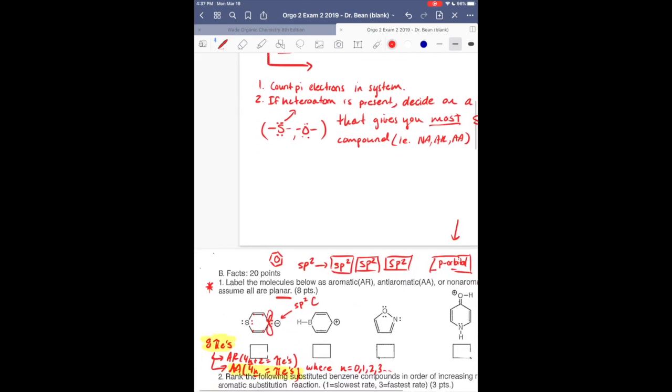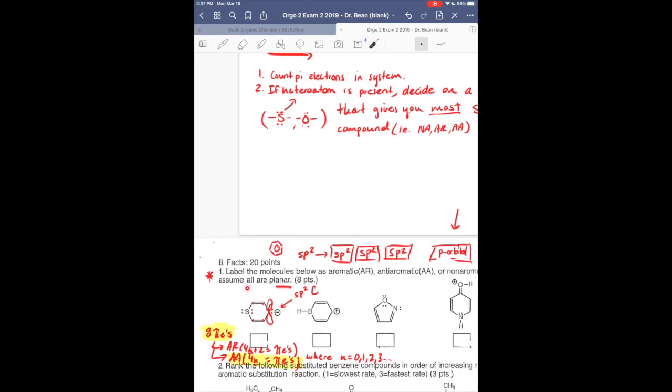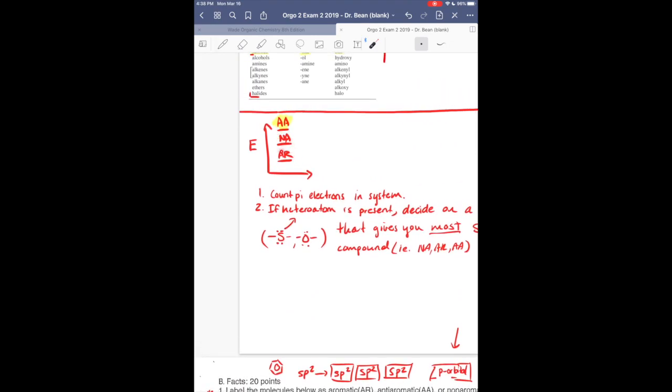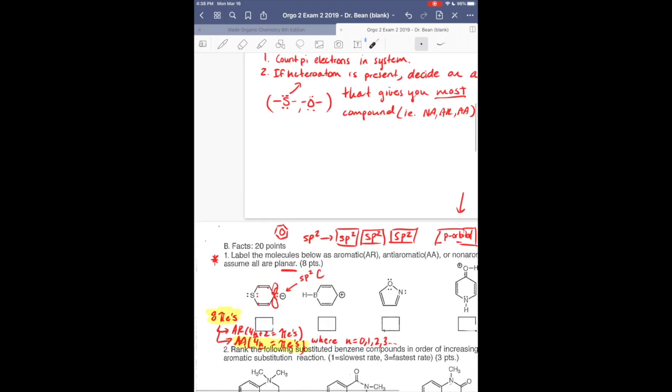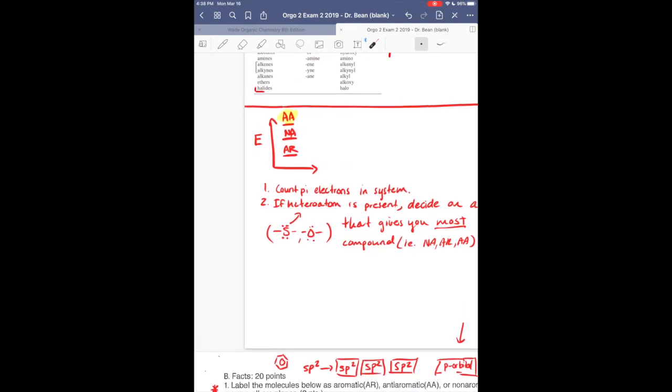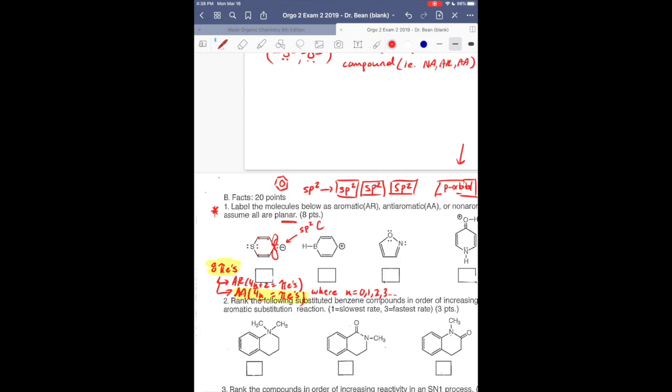So this molecule that we're trying to classify, if it can take a form that is more energetically favorable, meaning more stable, either non-aromatic or aromatic, it will. Now, it cannot be aromatic because it doesn't fulfill the 4n plus 2 rule, but it can make the decision to become non-aromatic by changing the hybridization of the heteroatom.